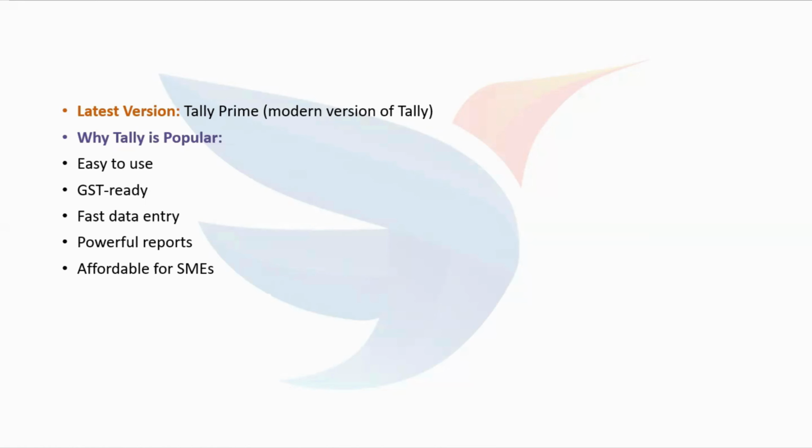It automatically supports GST compliance, helping businesses file returns like GSTR-1 and GSTR-3B easily. Fast data entry. Enter transactions quickly using vouchers, shortcuts, and automation features. Powerful reports. Generate profit and loss account, balance sheet, cash flow, and other reports instantly for analysis. Affordable for SMEs. Small and medium businesses can use Tally without heavy cost.